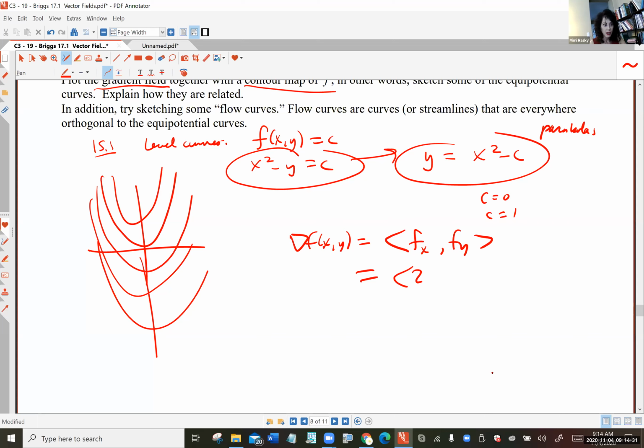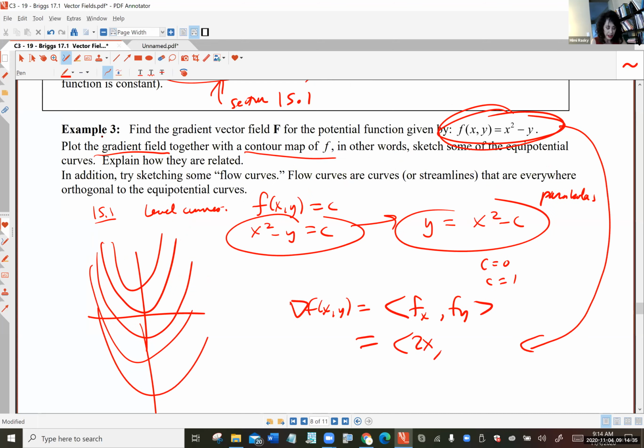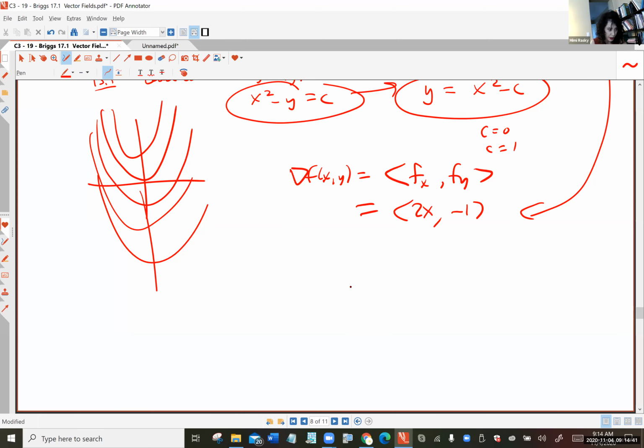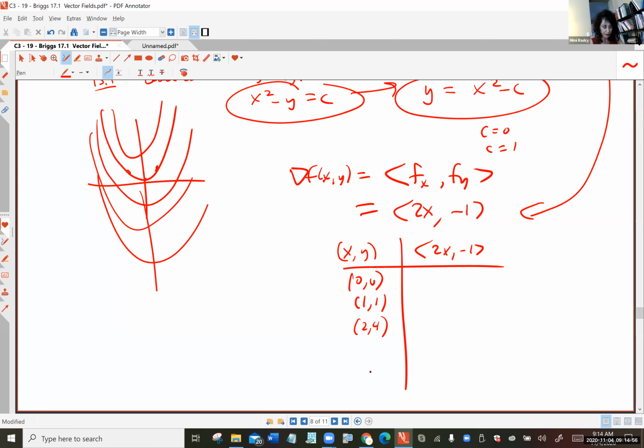And remember, we talked about graphing vector fields back in the last lecture. That was Monday. So what I'm going to do is pick some points on one of these level curves, and then look at the corresponding vector associated with it. So I'll do (0, 0). How about (1, 1)? How about, what the heck, (2, 4)? How about (-1, 1)? I'm picking points on this parabola right here, the easy one, where c is equal to 0.